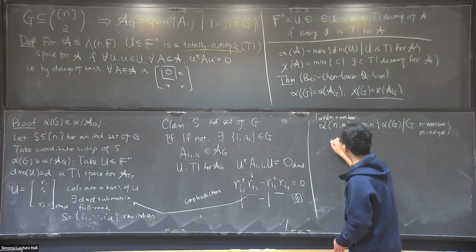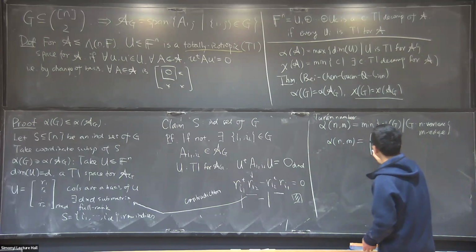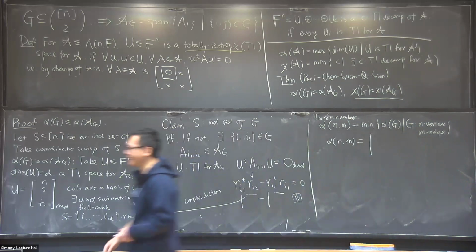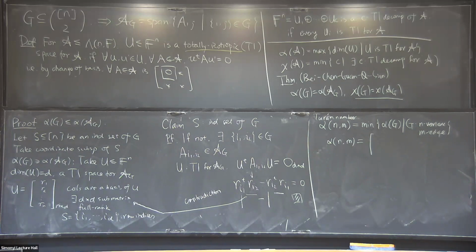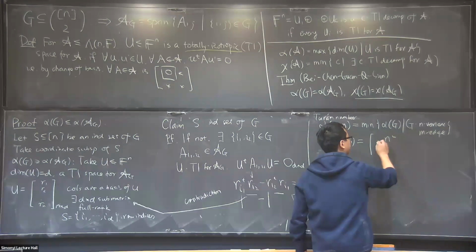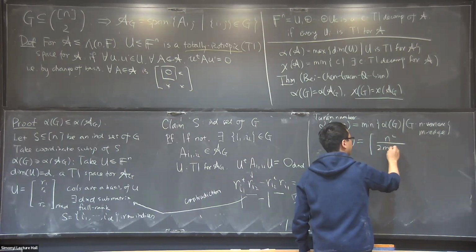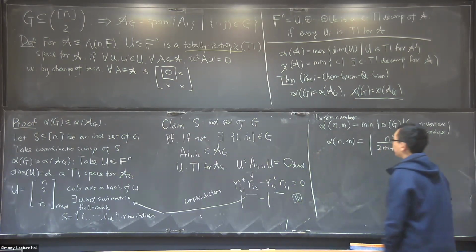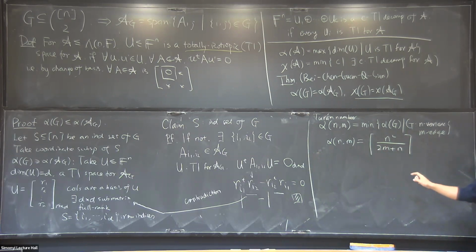And Turan's number was of course famously determined by Turan, which is, I need to check, something like n squared over 2m plus n.